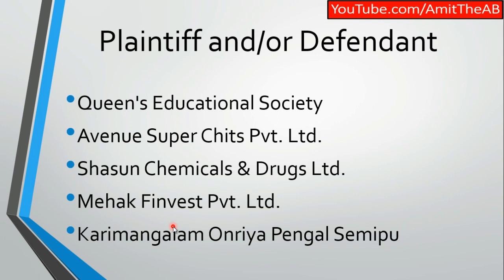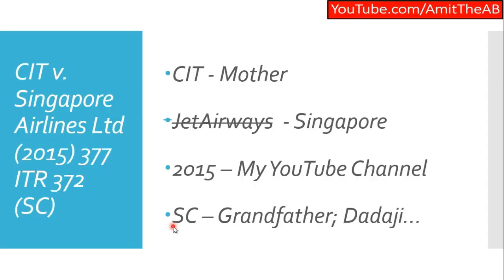Since you are all aware of the basic structure, let's put this whole thing into a real example and put it together, to see how it comes out. The first example that we had, CIT versus Singapore Airlines Limited, 2015, 377 ITR 372, Supreme Court.